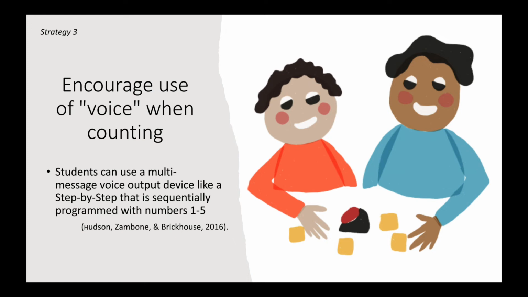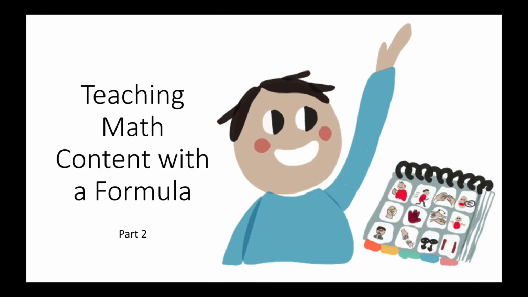So whether it's internal or it's external through assistive technology, we want to be giving them this strategy and mirroring what typically developing students do, and encouraging them to use that strategy in their own way.